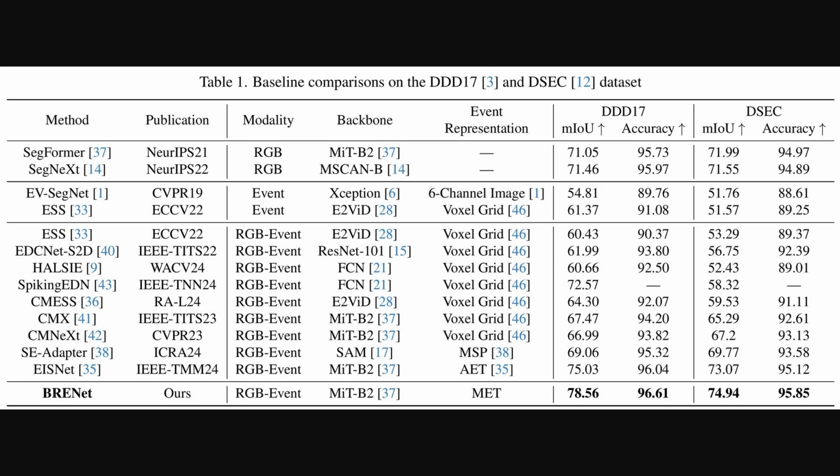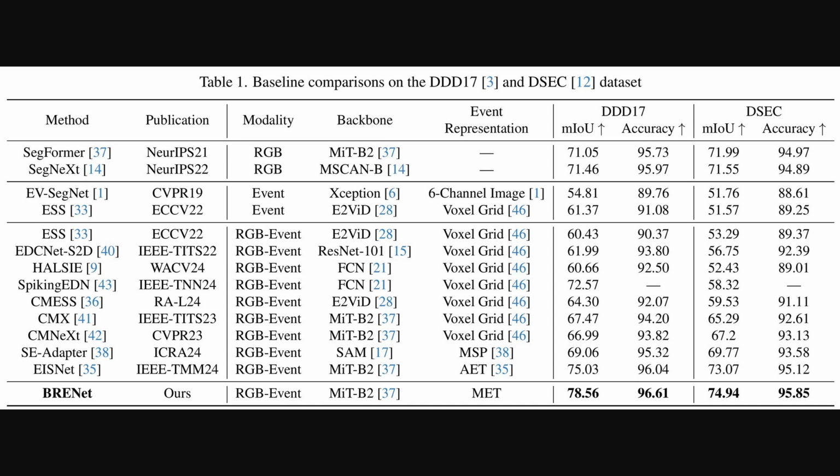Okay, so this table presents baseline comparisons on two datasets, DDD17 and DSEC. It shows how their BRENet method, using the Motion-enhanced Event Tensor, stacks up against other existing approaches. We see metrics like MIOU, which stands for mean intersection over union, a measure of how well the predicted labeled regions match the actual ones, and overall accuracy.